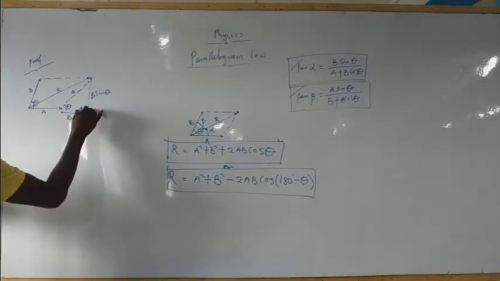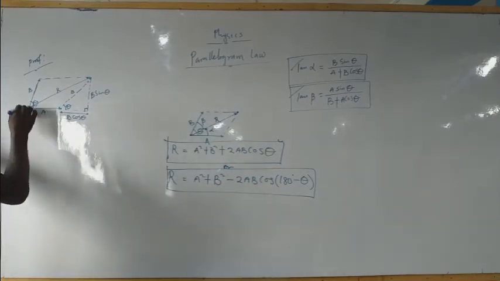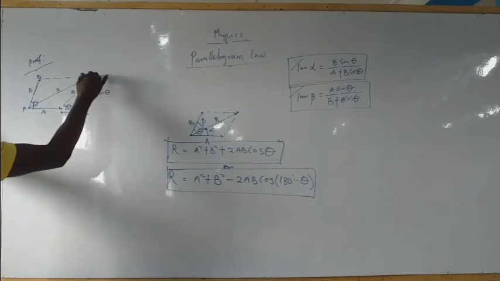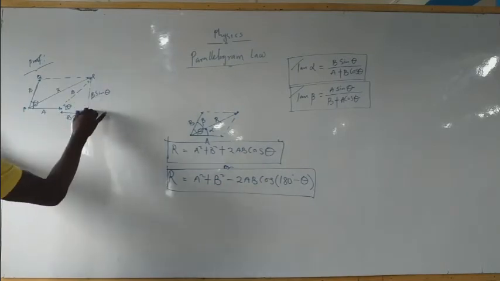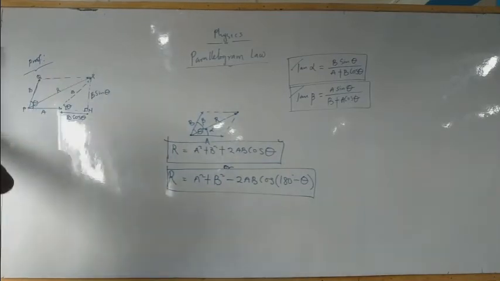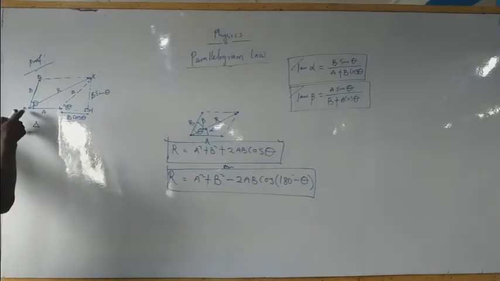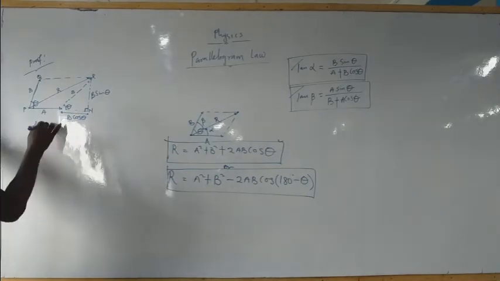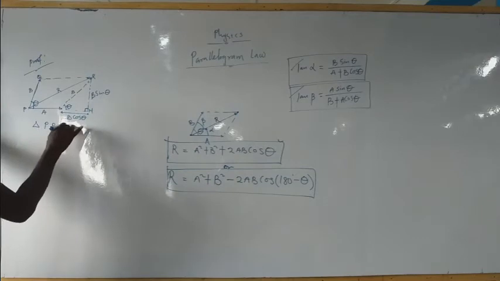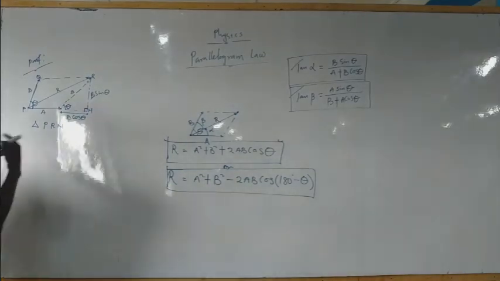Since this is a perpendicular line, this is a right angle triangle. So we can call this PQRN. So considering triangle PRN, we can use Pythagoras theorem.